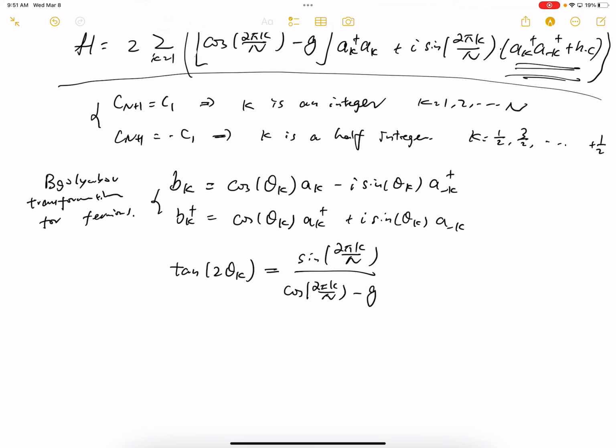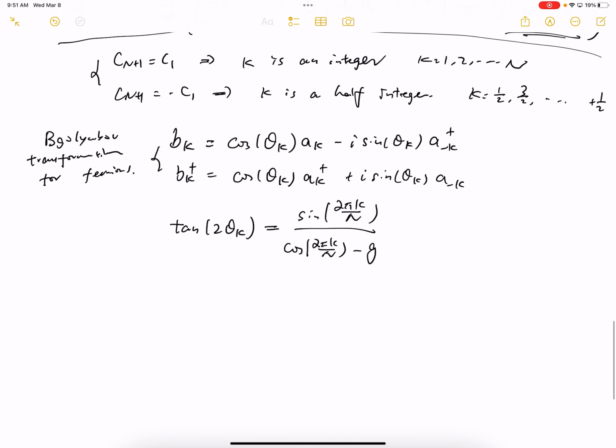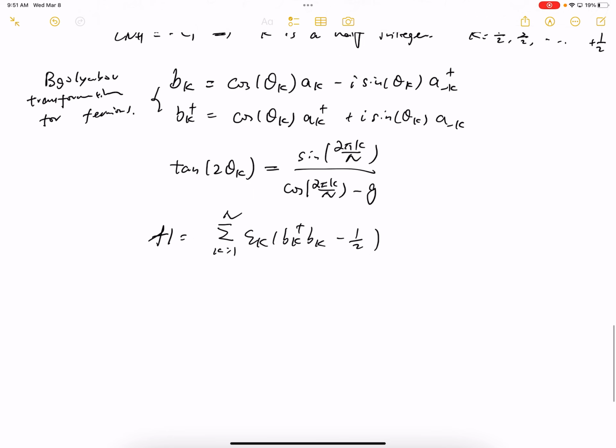If you set these angles correctly, you're going to end up with a beautiful Hamiltonian, which is simply epsilon_k b_k dagger b_k, minus 1/2. The minus 1/2 is not very important because it's just a constant energy shift. It's not an operator, it's just a number. The important part is the energy spectrum.